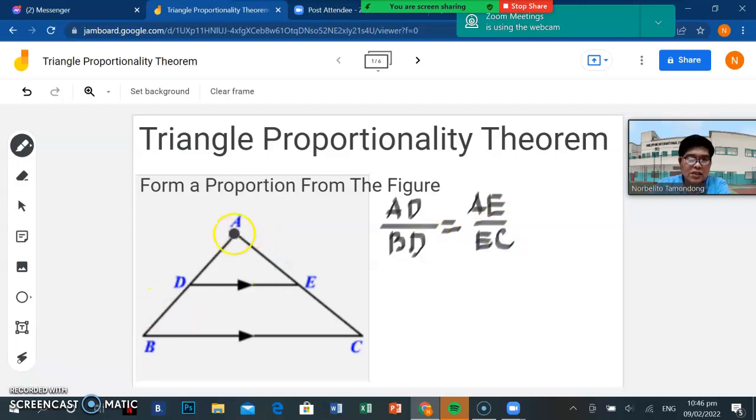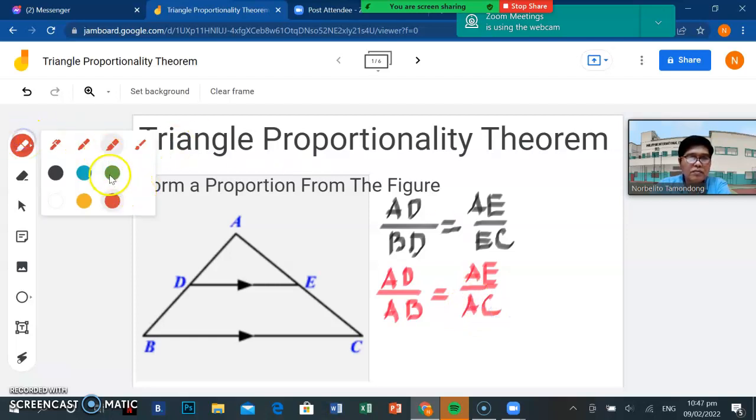Okay, so you can also use the first part is to the whole part. AD is to the whole segment AB, which is equal to the part here also, AE is to the whole part, which is equal to AC.